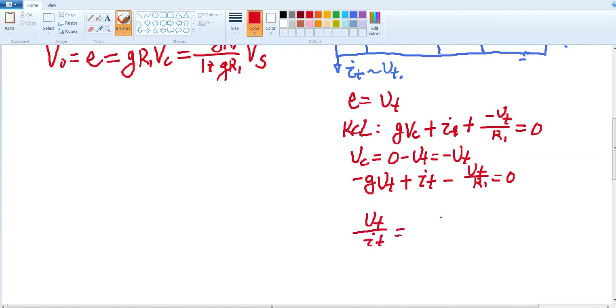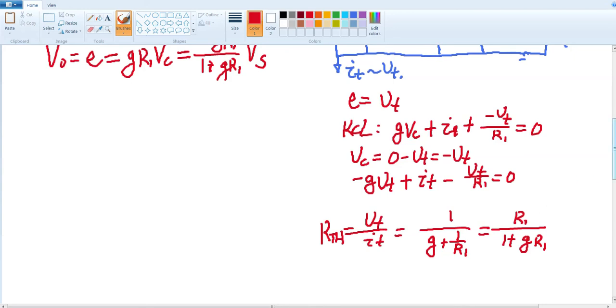This is equal to 1 over G plus 1 over R1. You can further simplify it, which is R1 on top and 1 plus G R1 on the bottom. So this is the relationship between the test voltage and also the test current. By definition, this is the Thevenin resistance.